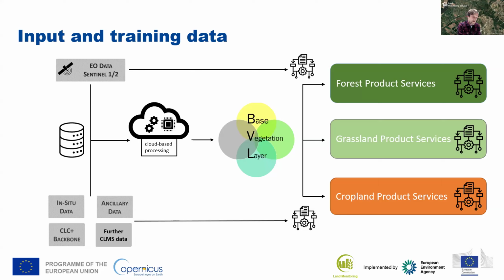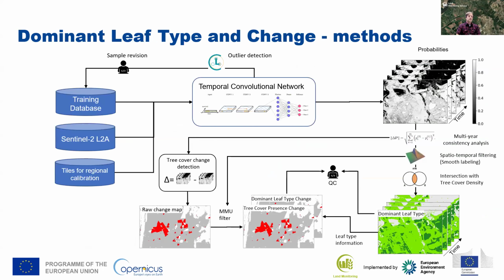This initial classification is then used as input for computing the actual forest, grassland, and cropland products, which again use further Earth observation data as well as further ancillary data. So this is the overview of the general production and input and training data for the HRL-VLCC products. And now we are looking a little bit more into detail at the actual forest product.